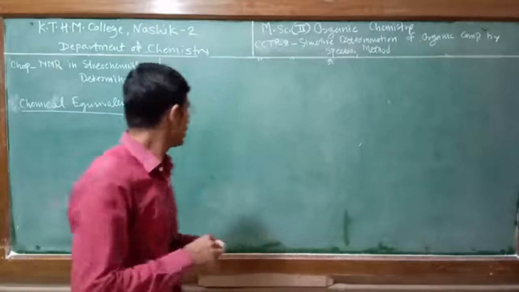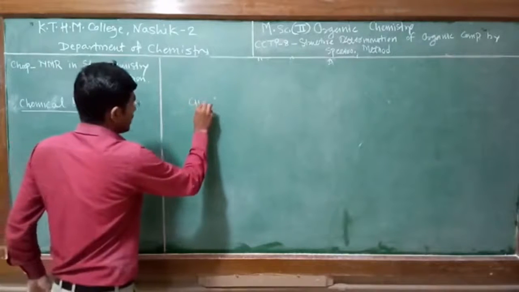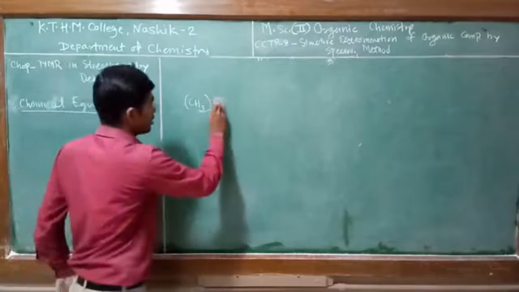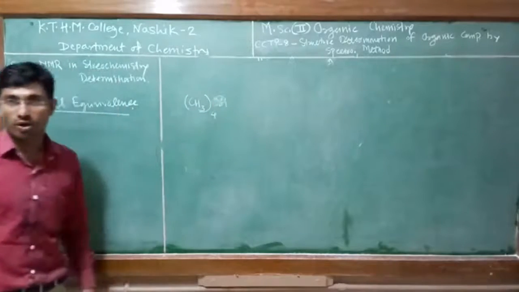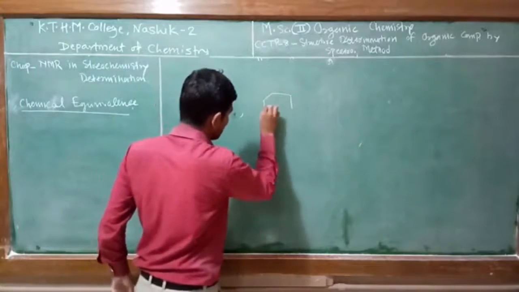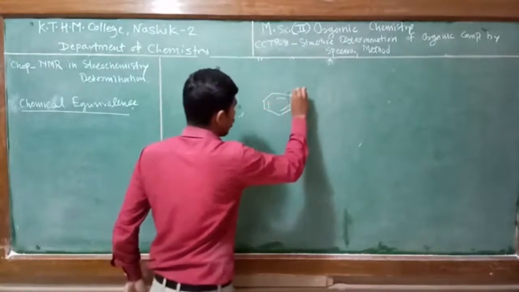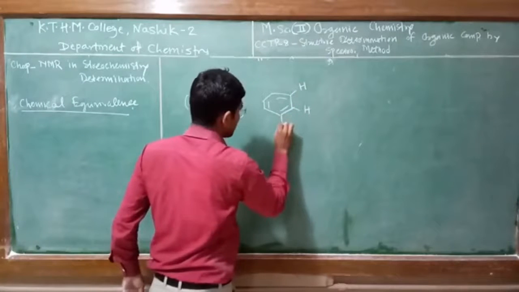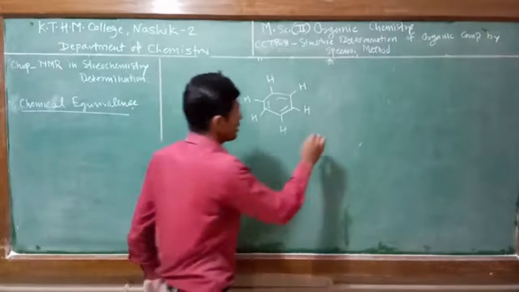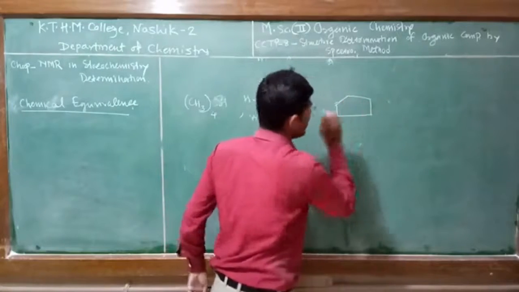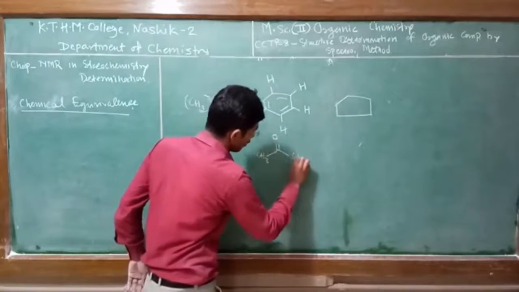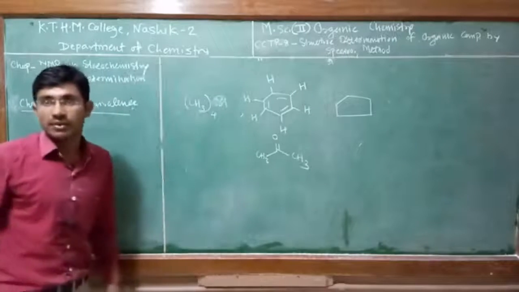For example, the protons present in tetramethylsilane: all the protons are in the same chemical environment. Also, by symmetry consideration, all the protons in benzene have the same chemical shift. Similarly, take cyclopentane, or the molecule of acetone. In all these examples, protons are chemically equivalent.